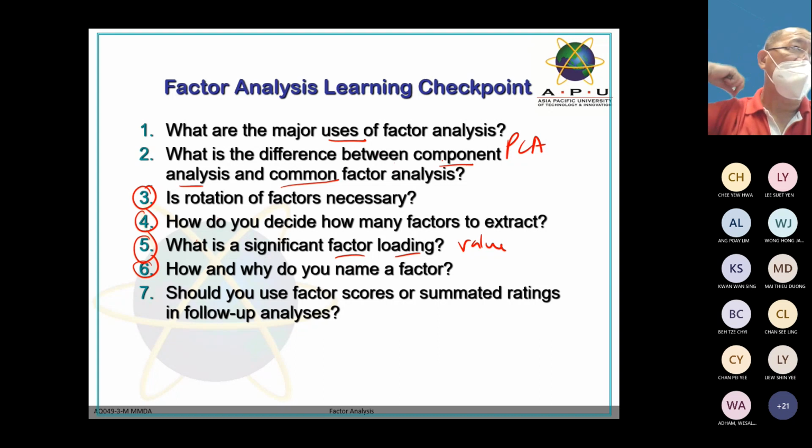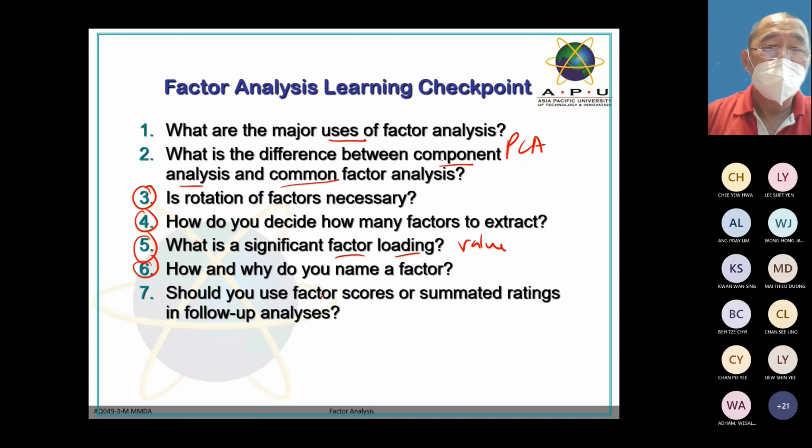Of course, we can list down 1, 2, 3, 4, 5. But you want people to understand the concept, the idea of the problem, faster and easier. Therefore, you give a name to the factor. Of course, you try to find a name that represents, as best as possible, all the variables that belong to the factor.